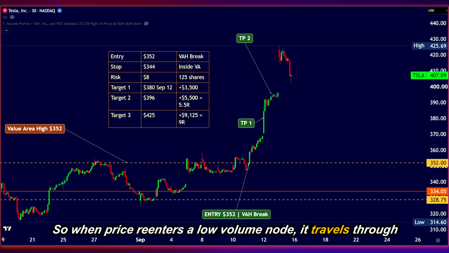That void is what it surfed, 358 to 425, with only the measured move and the intraday highs as waypoints, not real volume resistance. The next high volume node at 425, September 15th, 9R, and confirm it with plain volume. The breakout bars are the fattest in the range. Don't get greedy. You take profit at the next high volume shelf, because that's where the wall is.